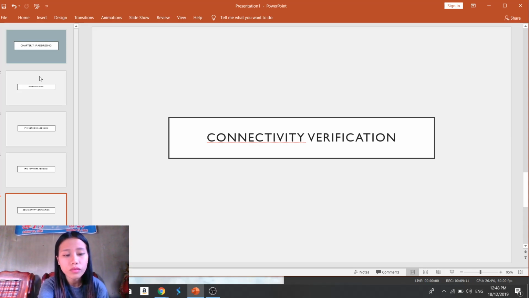We also have address resolution and duplicate address detection. DAD, or duplicate address detection, is not required, but RFC 4861 recommends that DAD is performed on unicast addresses.